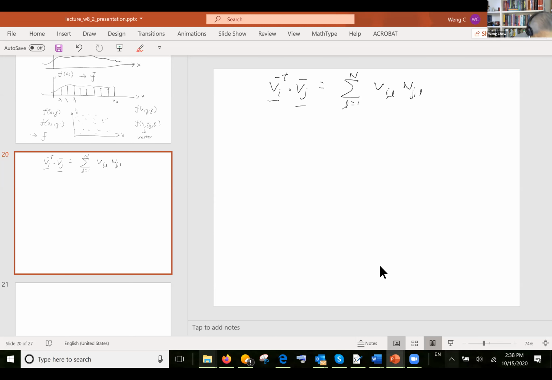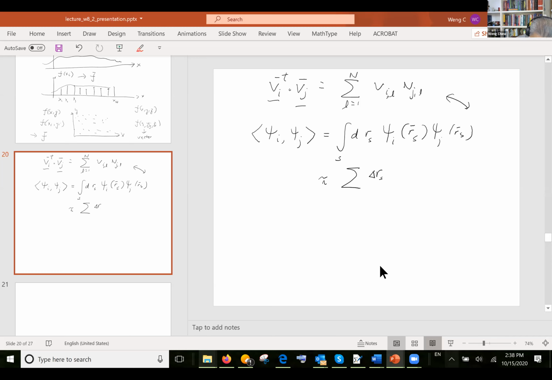And now you can define the inner product between two functions, psi_j and psi_i, as being equal to the sum over the cross section of the waveguide of psi_i(Rs) psi_j(Rs). The two look very different, but in practice, if you were to implement this on a computer, you would replace this with a discrete sum, not over i and j, but l and m maybe.